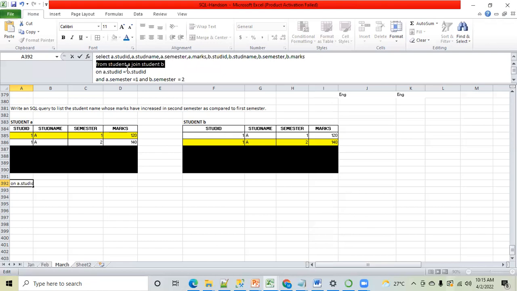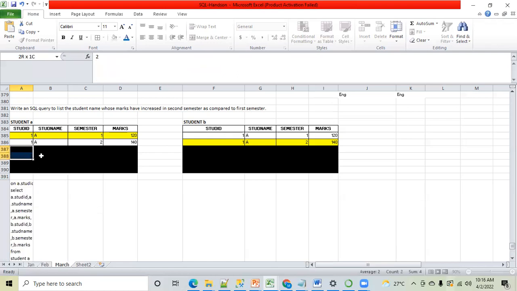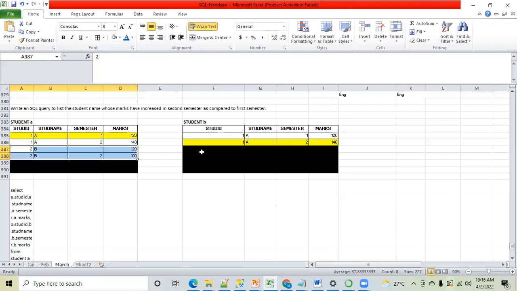Now, why have I given this condition? Because we have to match the same student, right? You have to compare the same students. You should not compare the marks of the first student with the second student.